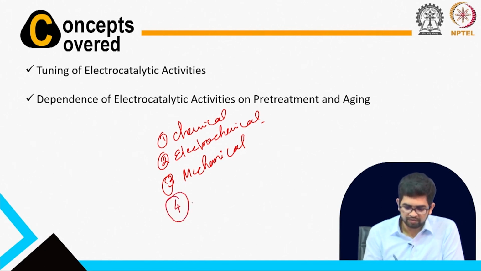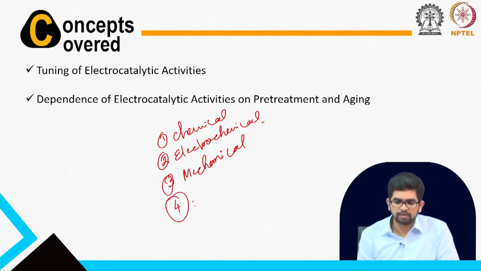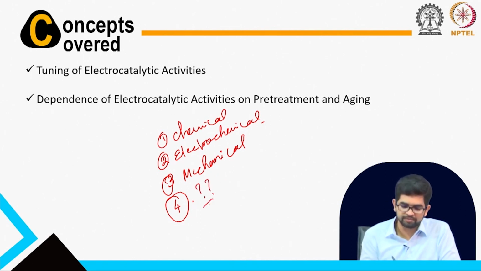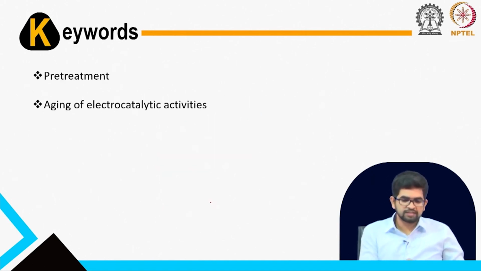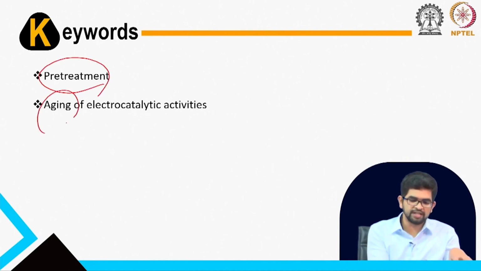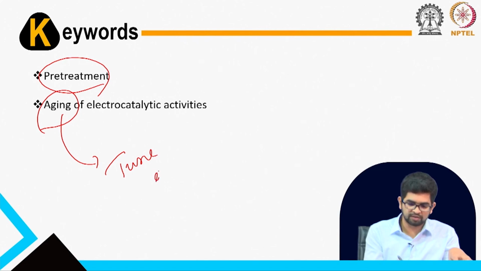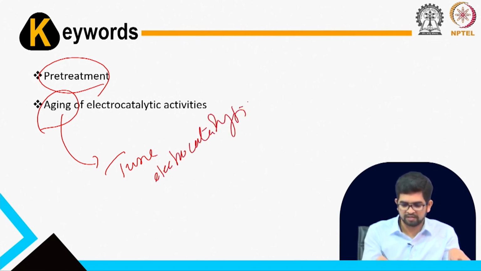Then we also taught you some other treatment methods, and I am going to tell you something else today. So, these are the main keywords that I taught: the pre-treatment and the aging effect, and how to tune electrocatalytic activity.